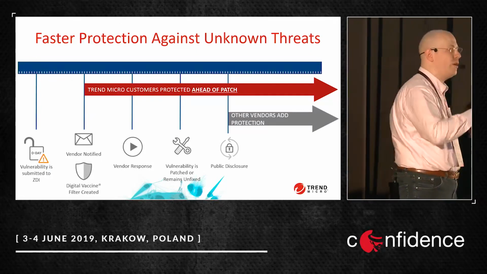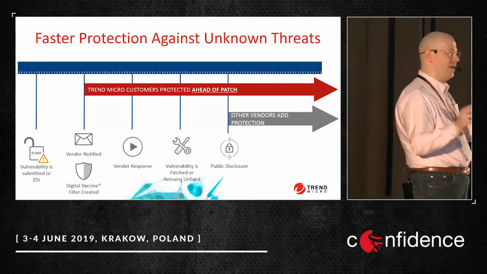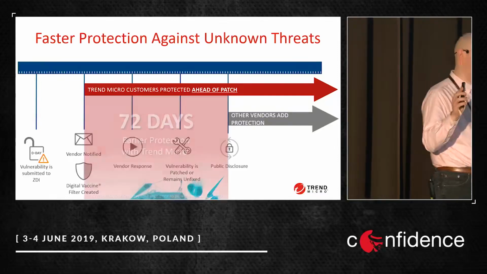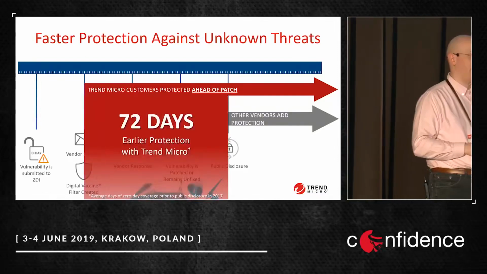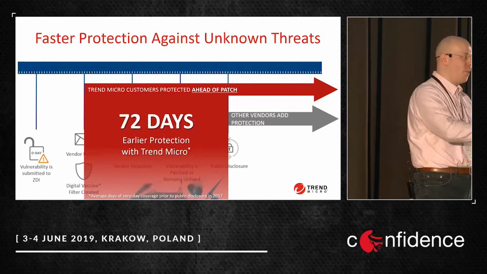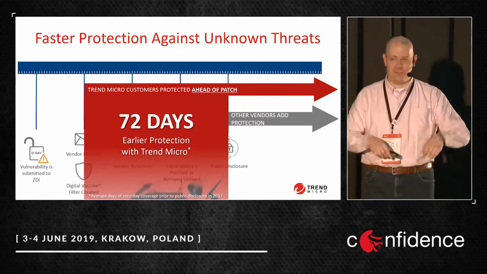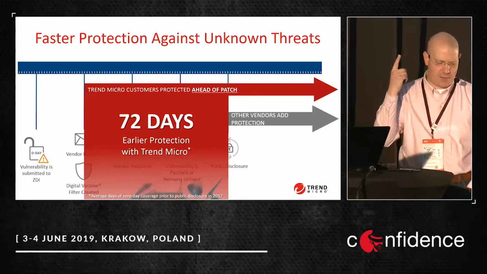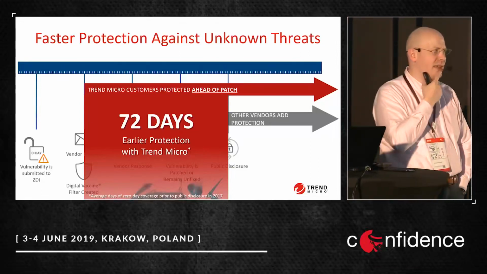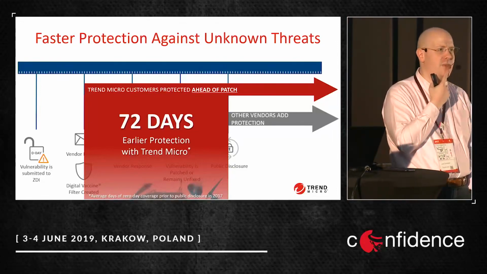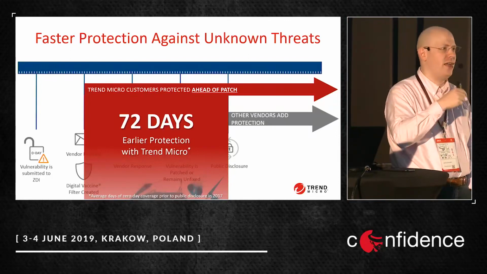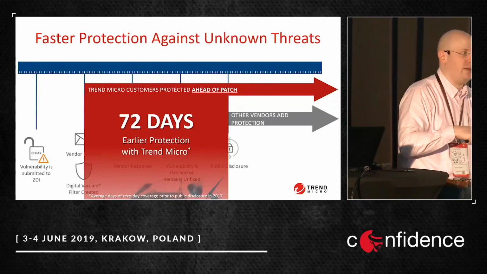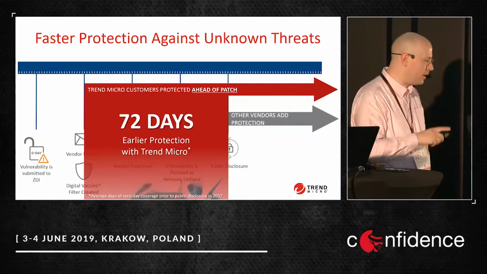The vendor is getting notified, and we have this time advantage of being able to provide protection earlier. So there is nobody here losing anything. On average, and this is a number from 2017, I think it's something like 70 or 72 days on average that we provided protection earlier than others. So that's our benefit.